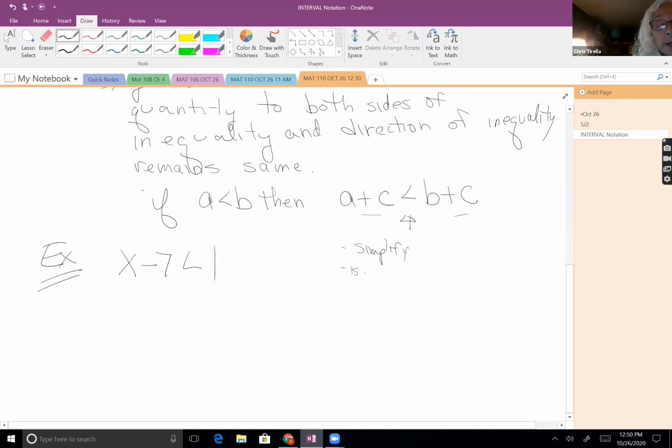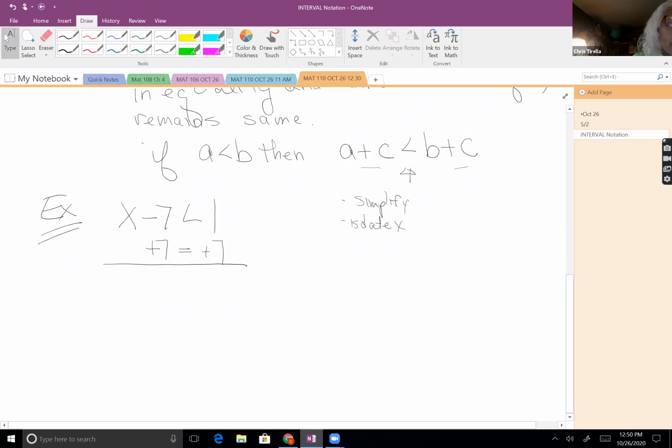I'm trying to isolate the variable. So over here, to get x alone, what would you tell me that you'd need to do? Add 7 to both sides. Beautiful, add 7 to both sides. That 7 equals 7, so I'll put an equal sign in between. But when I add down, on the left I get x, on the right I get 8. And because I was adding, that will still say less than.